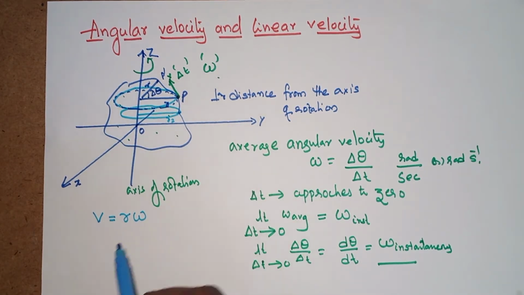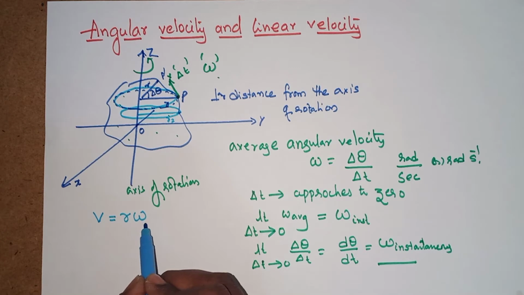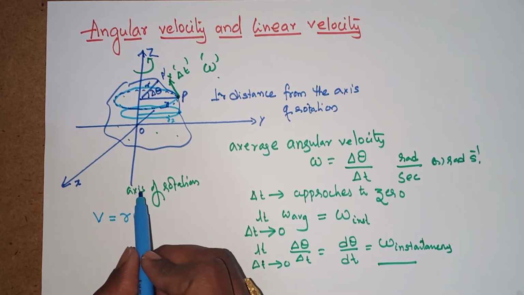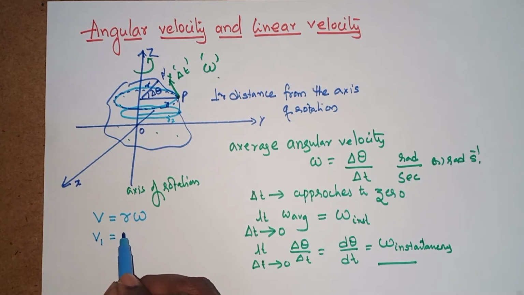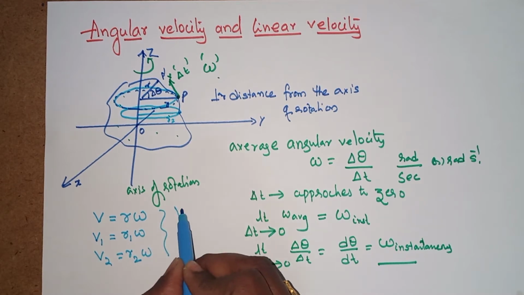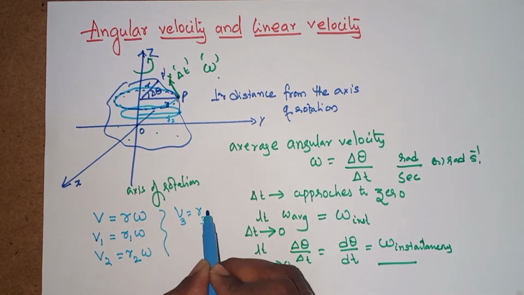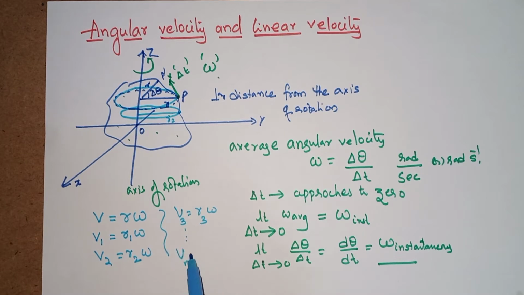For the whole body the angular velocity remains constant as the axis of rotation is not changed, but the different particles, at which the tangent can be drawn, will have different velocities at different perpendicular distances from the axis. v1 is equal to r1 omega, v2 is equal to r2 omega, v3 is equal to r3 omega, and so on. vn is equal to rn omega. So this is a simple relation between them.